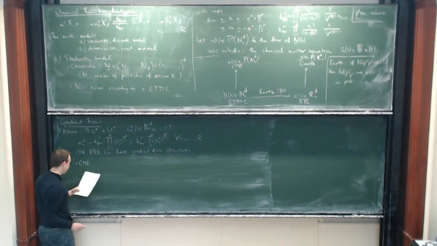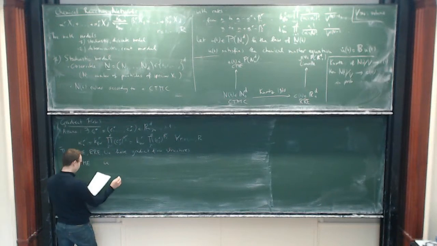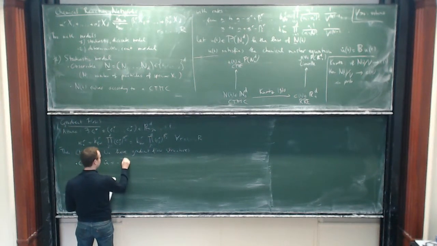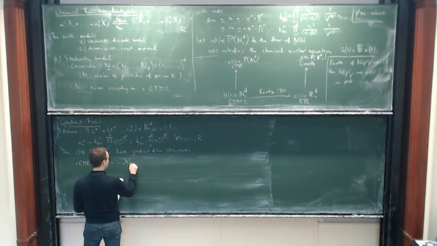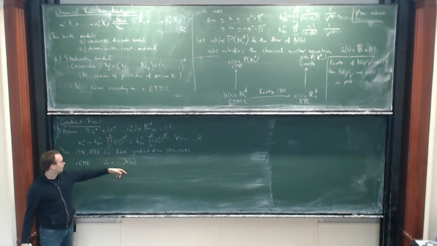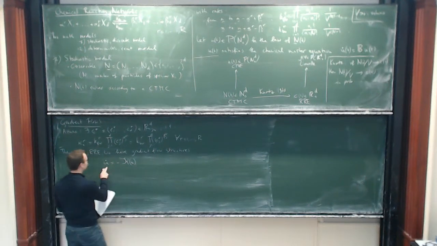So what it means is that I can write down my chemical master equation in the following way. I can write my solution u dot in the following form. There's a symmetric matrix K of u, such that I can write the equation in this form.